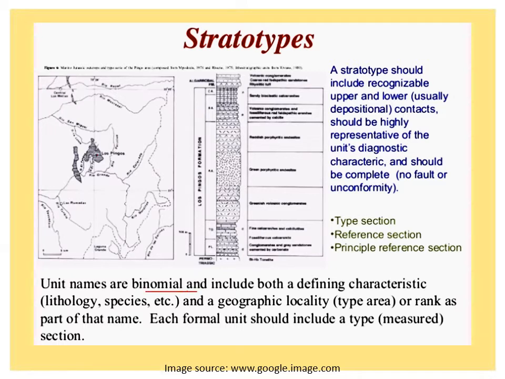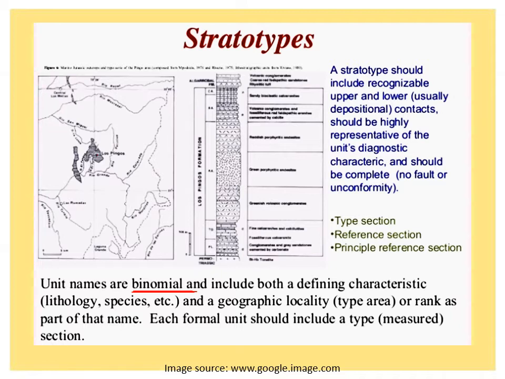That binomial means two names are indicated in the nomenclature. The first is the name given by the authority, that means whoever is describing the litho units of any particular section.